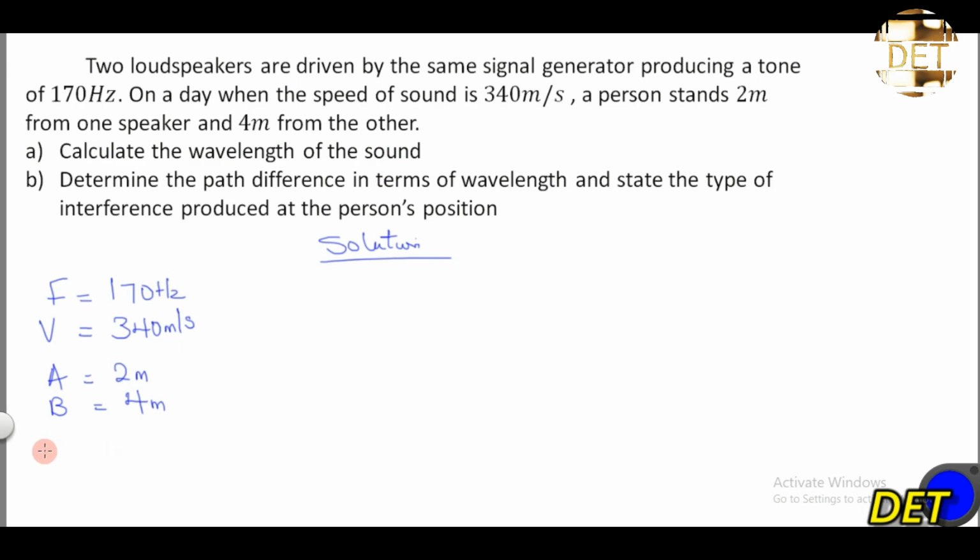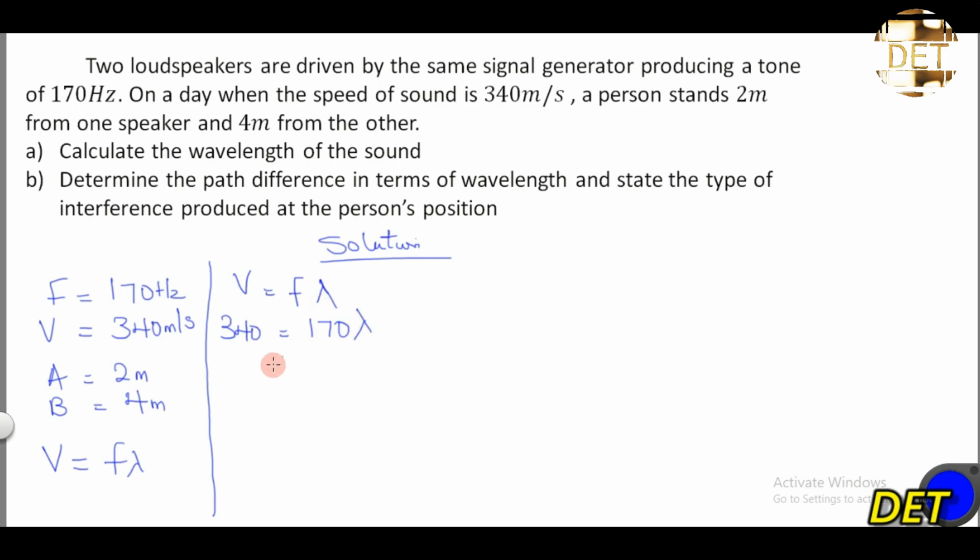Then the first question is to calculate the wavelength of the sound. We know that V, velocity, is equal to F lambda. So our velocity is 340, equal to our frequency, 170 Hz, times lambda, which is the wavelength.